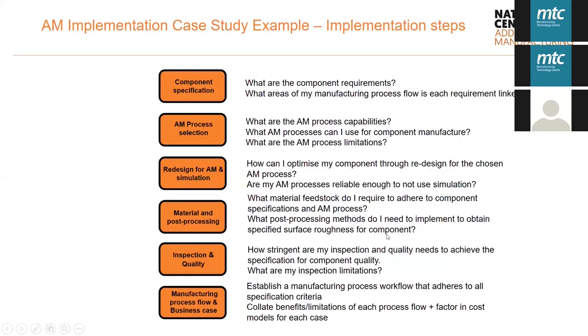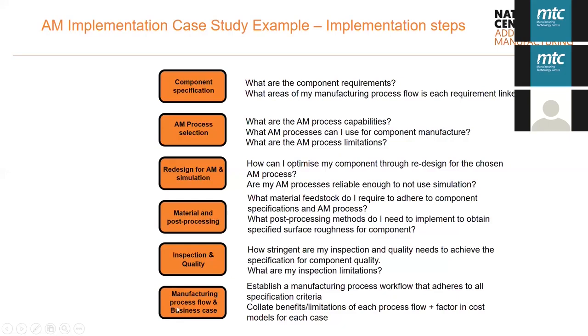Inspection quality, how stringent are my inspection and quality needs to achieve the component quality, and what are the inspection limitations? So do you have any line of sight limitations, for example? And then finally, you build up a process flow using all of these different steps, and then you establish a business case.